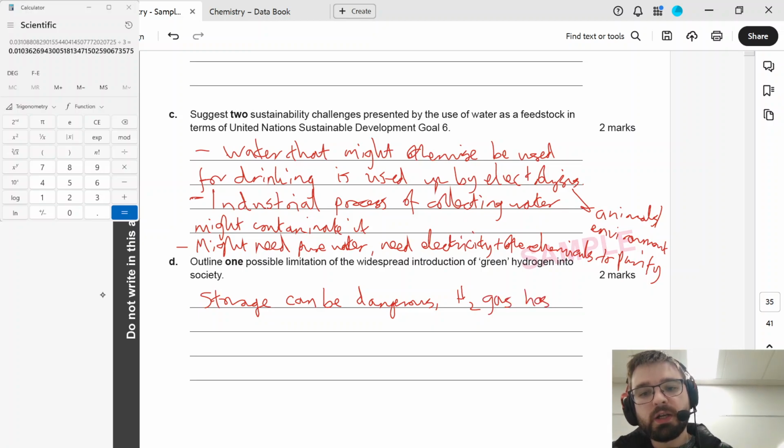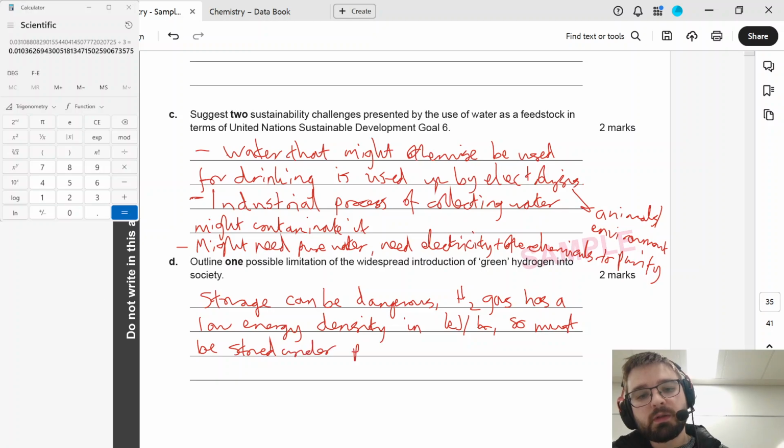H2 gas has a low energy density, in kilojoules per liter, so must be stored under pressure or at low temperatures.